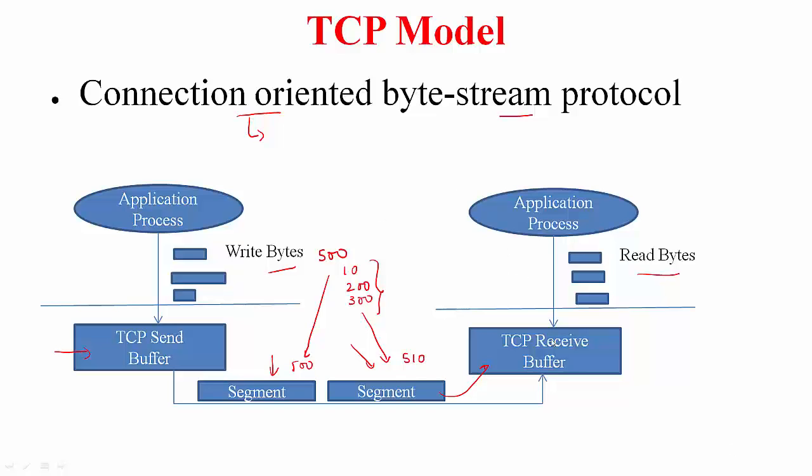And this application process, when it is reading these 1010 bytes that are written here, may read 100 bytes at a time. To contrast this, one could also pass messages as blocks, message 1, message 2, and so on, and TCP could take these messages and pass them to the other end, which in turn will pass the messages back to the application process. So this is not following this paradigm.